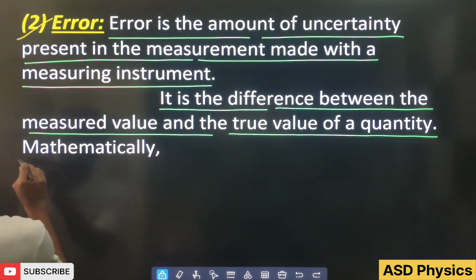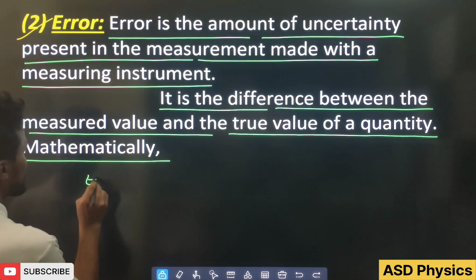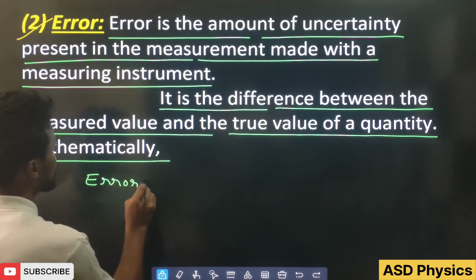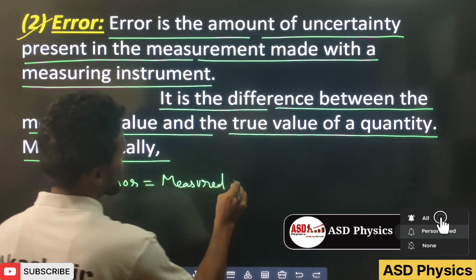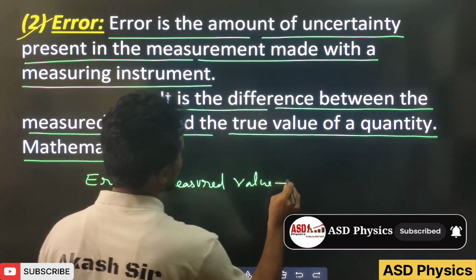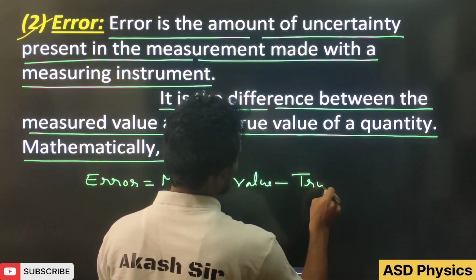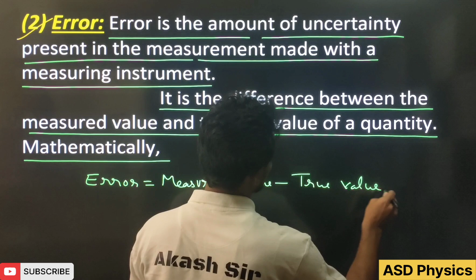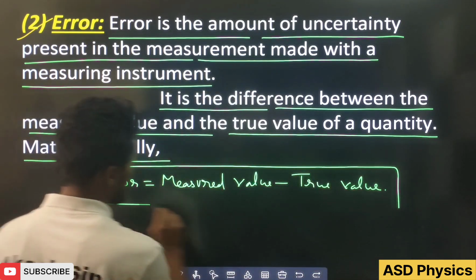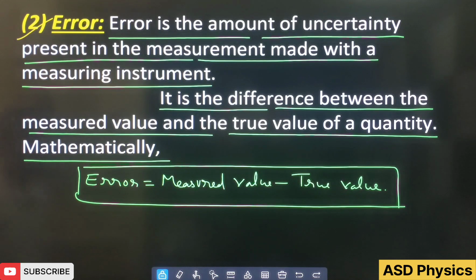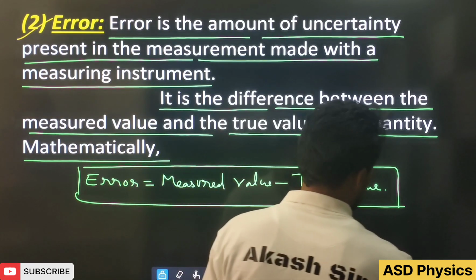Mathematically, error is given by measured value minus true value. Even before also we have seen that. So you have to remember this formula: measured value minus true value.